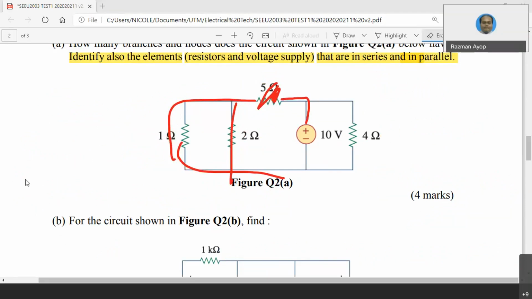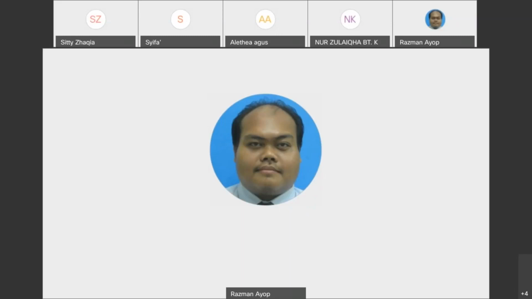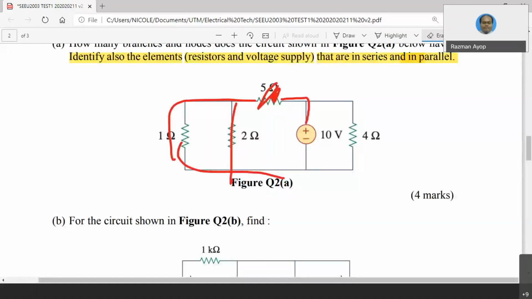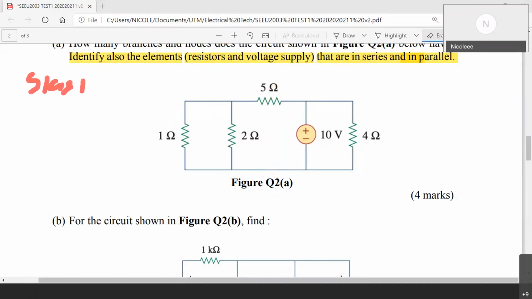Can you stop sharing and share again? I think it will delete it. Okay, so the concept of parallel is that the start node and end node need to be the same.